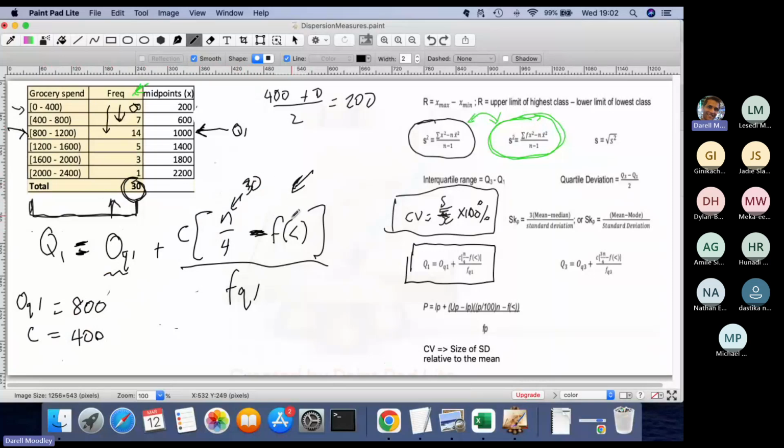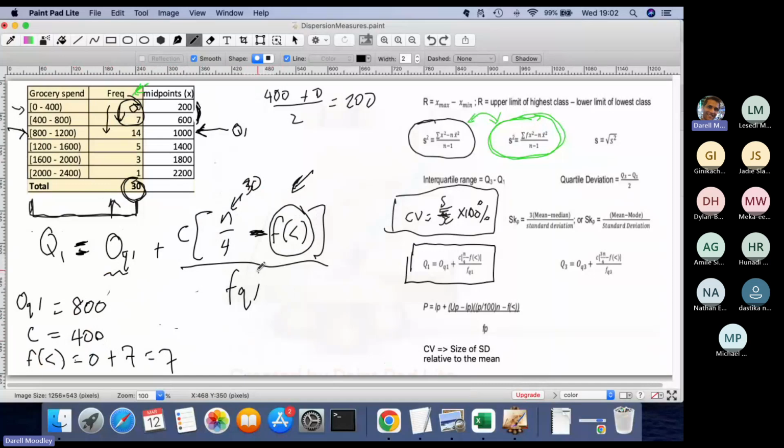Now this F of less than is very similar to how we did it last week. It's the cumulative frequency, so you add up the frequencies for the intervals below it. So we're adding up these two frequencies below that interval: 0 plus 7, and that will give you 7.